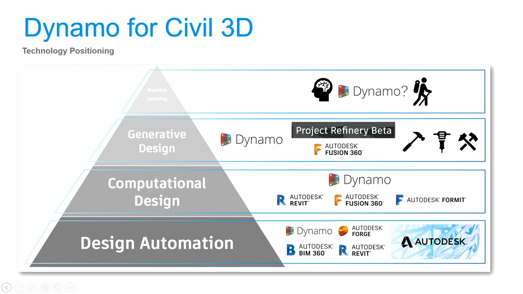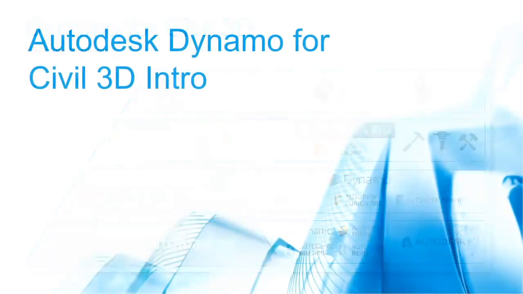So Dynamo is the one used in design automation. Dynamo is the one used for computational design. And believe it or not, Dynamo is a precursor or a prerequisite for generative design, whether it's for Revit users or 3D users. You can't design things in Project Refinery if you don't do things first in Dynamo. So this is a major thing that we have to understand and put into perspective.